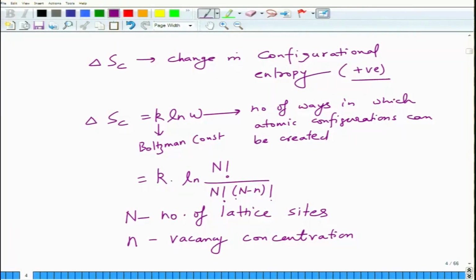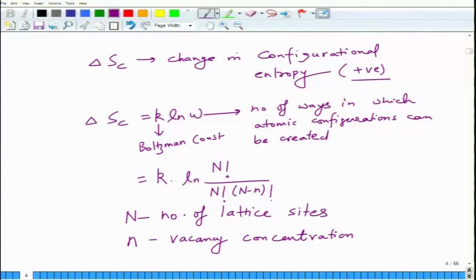So, capital N is the total number of sites, N minus n is the number of remaining atoms, because small n is the number of vacancies. These many atoms have now to be configured on the N lattice sites.